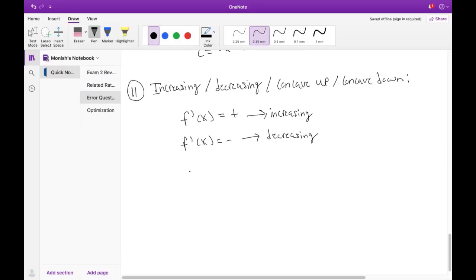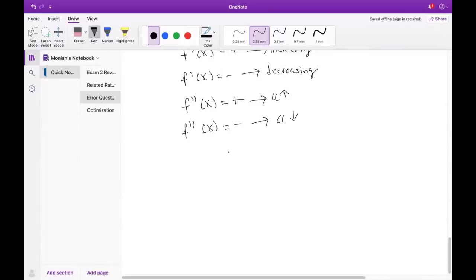Then we look at the second derivative to determine concavity. So if the second derivative is positive, concave up. And if the second derivative is negative, concave down. Okay. And what does concave up and concave down tell us?